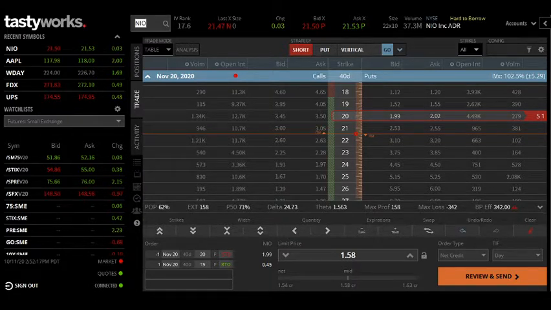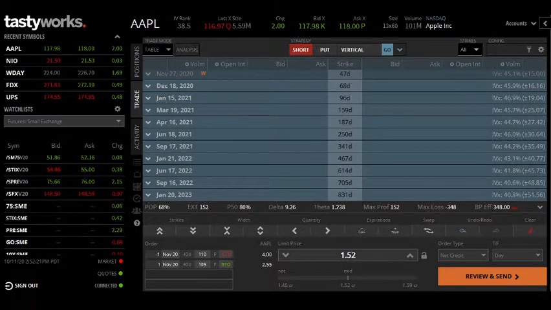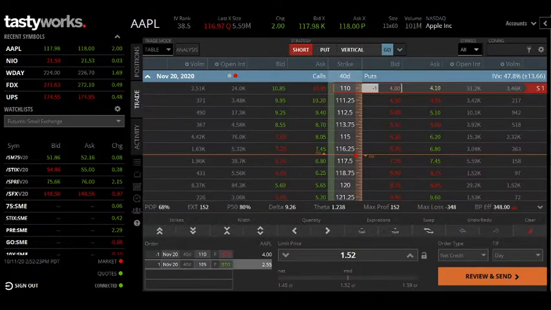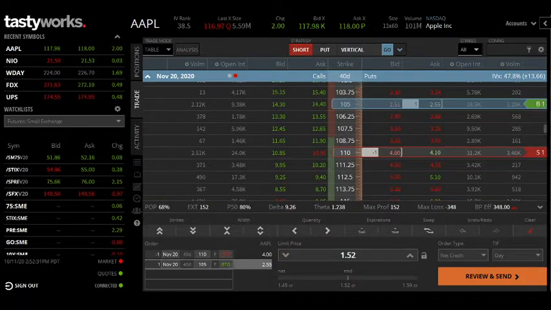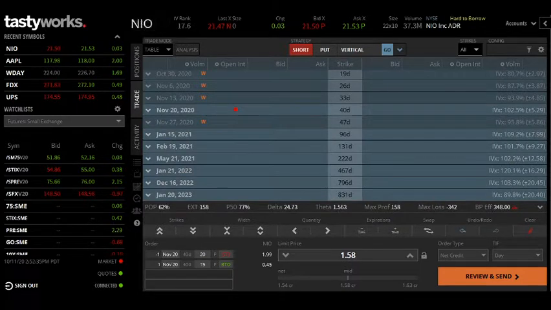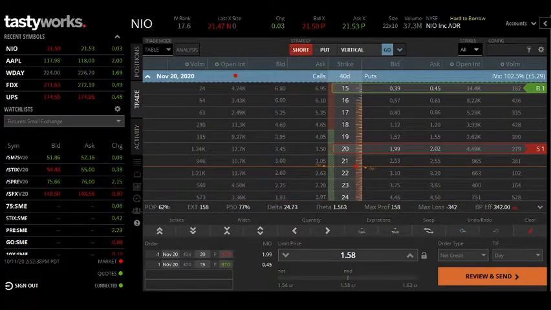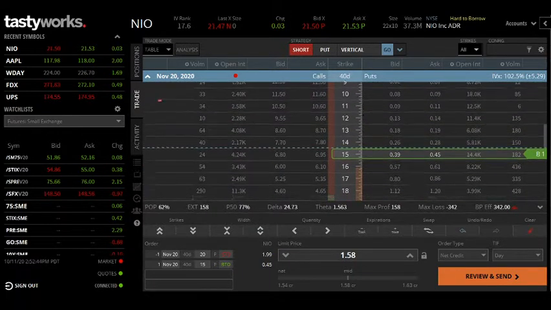Notice how close to the money that is compared to Apple, which is more volatile, where the stock price is at 117, we'll round it up. We're $7 out of the money for Apple, instead of being $2 out of the money with a lower cost and lower IV. We're only $1.50 out of the money instead of $7 out of the money for Apple.